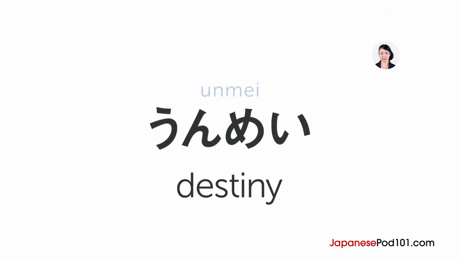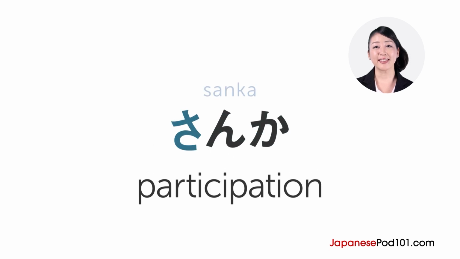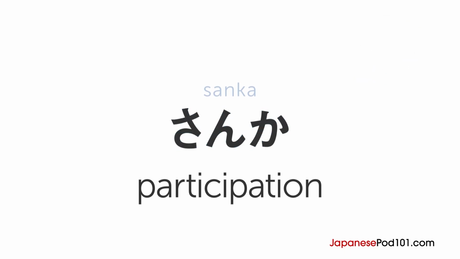Can you tell the difference with the n sound in this word? Sanka, participation. Sanka, sanka. The transition between the n and ka sounds like the nasal sound ng. Again, sanka.